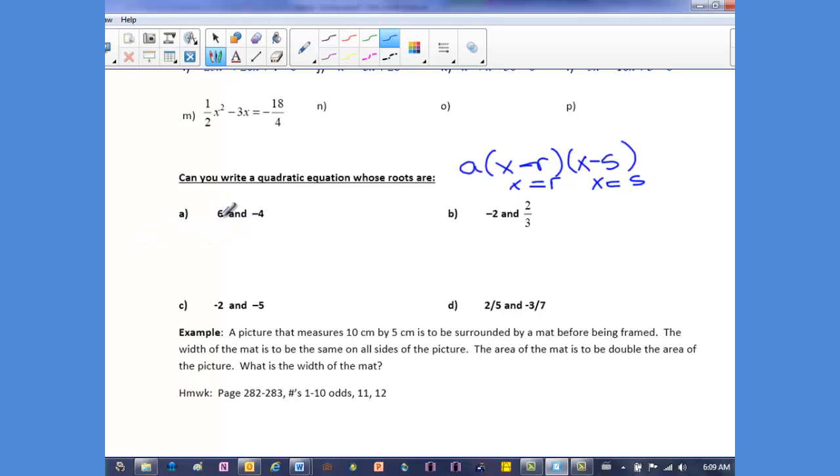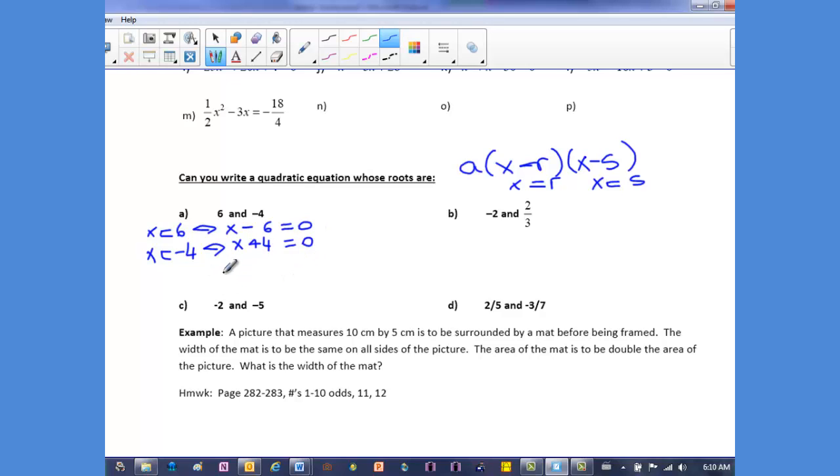So what would be the two possible equations here? If x equals 6, the first possible equation is x minus 6 equal 0 for the first bracket. And if x equals negative 4, the second possible equation is x plus 4 equal 0.